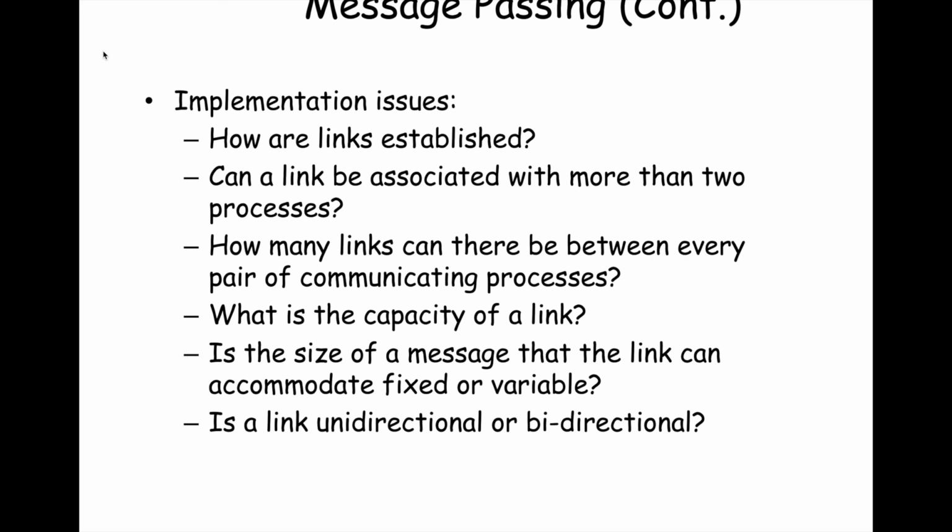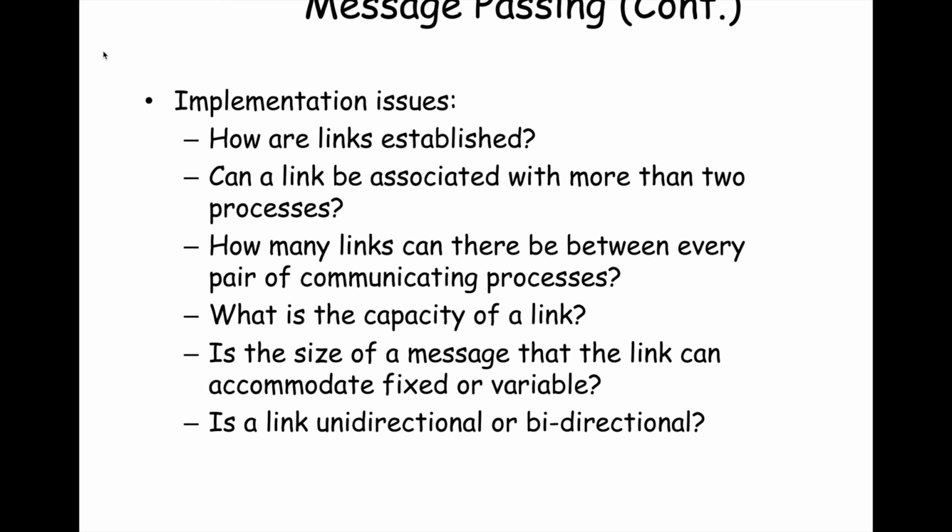Process P sends a message to process Q, and then process Q sends a message back to process P. If it's unidirectional, you can keep it simple, and simple means fast. If it's bidirectional, you need additional mechanism to allow for that two-way communication. Because when you do two-way communication, the definition of the sender and receiver change. It's reversed. And that requires more machinery underneath the covers to manage all of that. Okay? All right. Any questions about this?